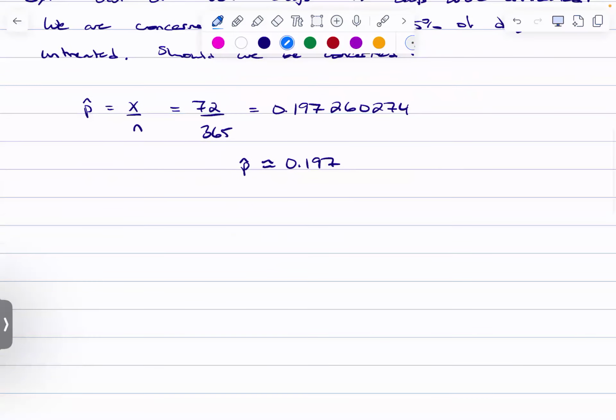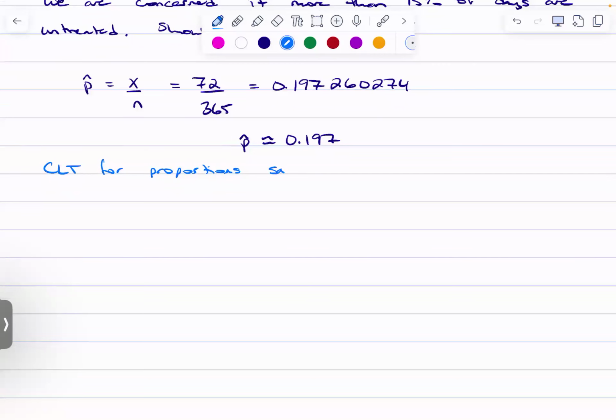Now, the central limit theorem for proportions says that p hat, okay, because we understand that, okay, this was just 365 days, and like I said, it's a little bit wonky, but it's okay.